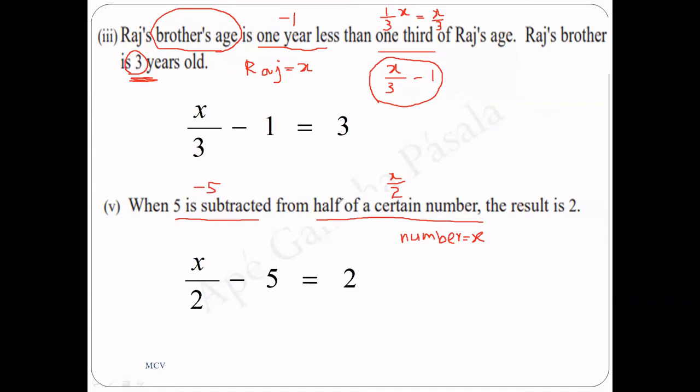When 5 is subtracted from half of a certain number, it is x over 2 minus 5. The result is 2.